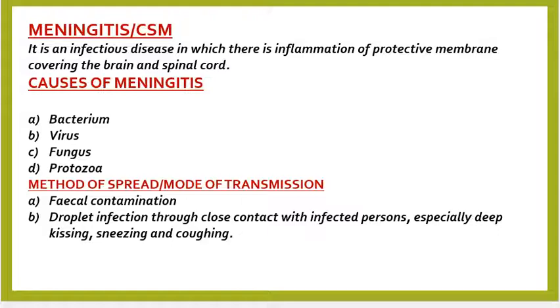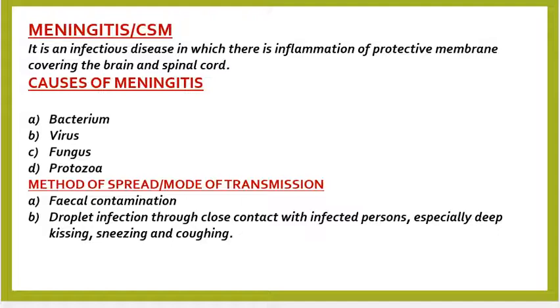All right. What is the method of spread or the mode of transmission? In other words, how do we get into contact with the microorganisms that cause meningitis? A, fecal contamination.